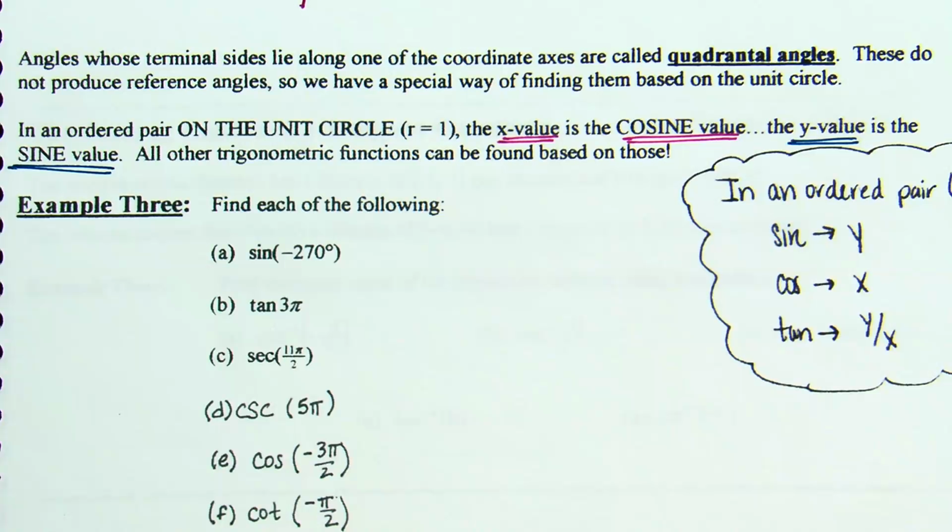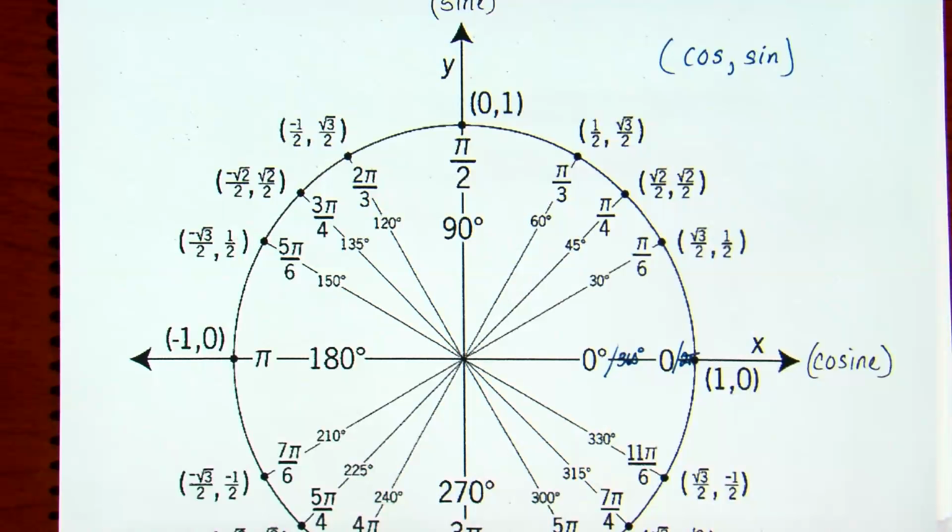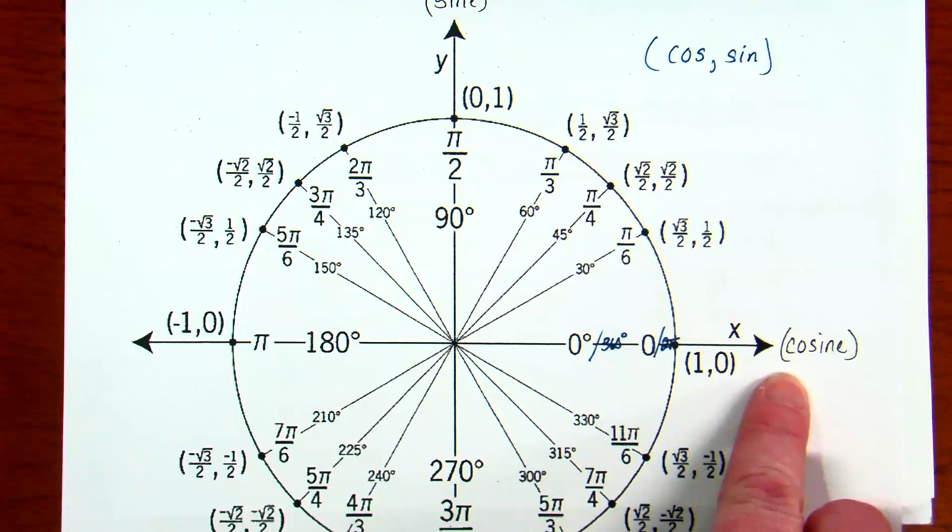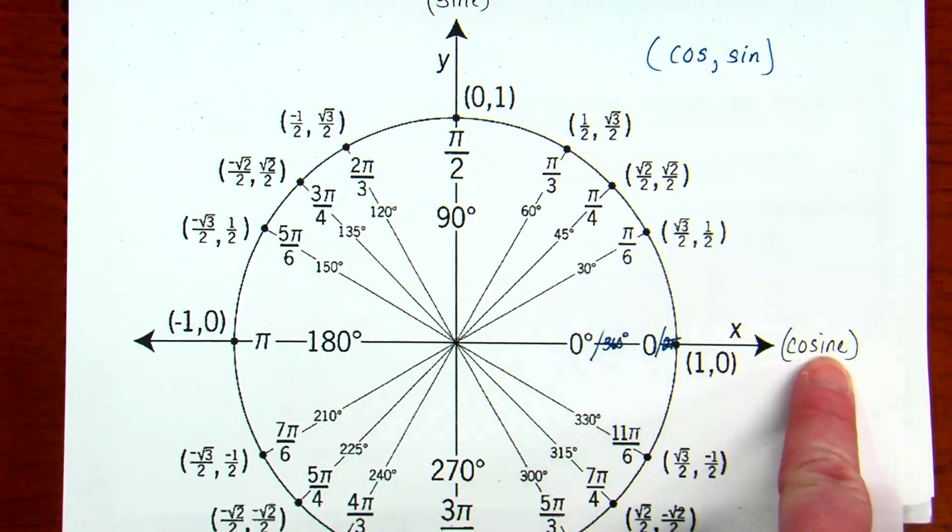So if I put my unit circle up here for a moment, this is the unit circle I provided you guys, right? It says cosine here. Why does it say cosine by the x-axis? Because it's the x value, right? The x value is the cosine value.